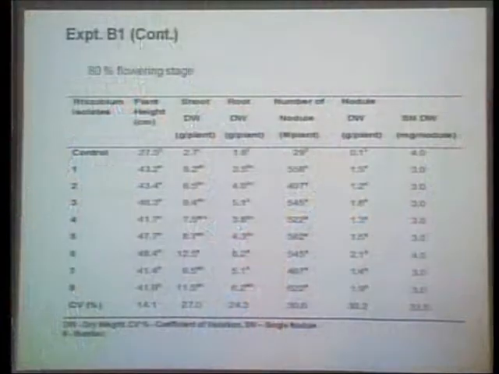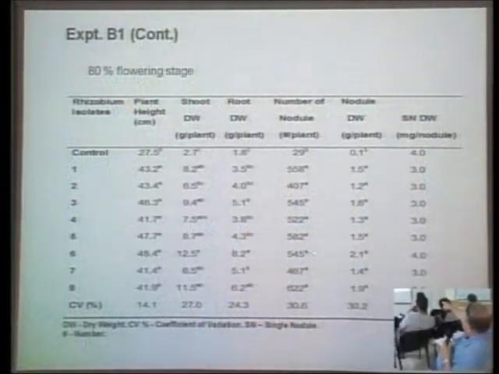If you come back to the table and look at number 6 here, no doubt that wherever you have the milligram per nodule, the last row, and wherever you have the weight of the shoot and the weight of the root, the results are very clear that number 6 does it.